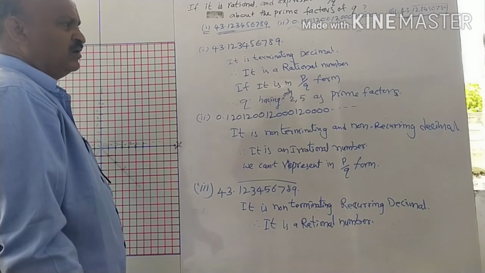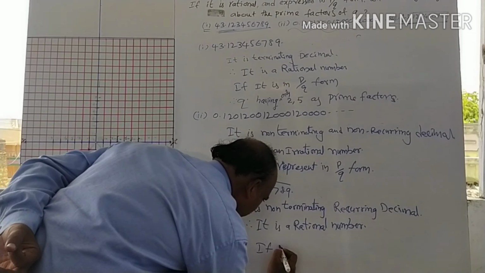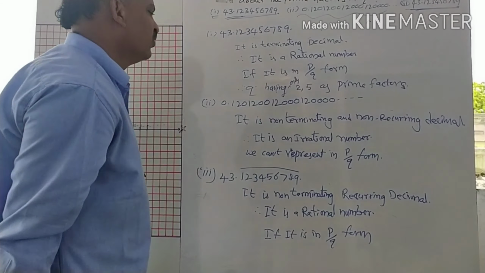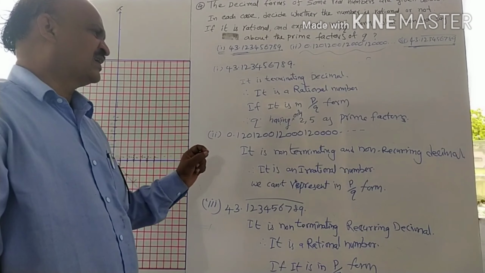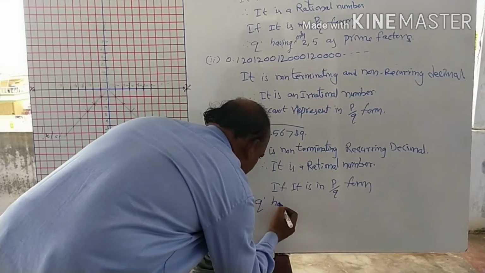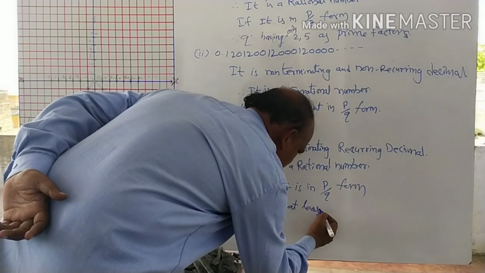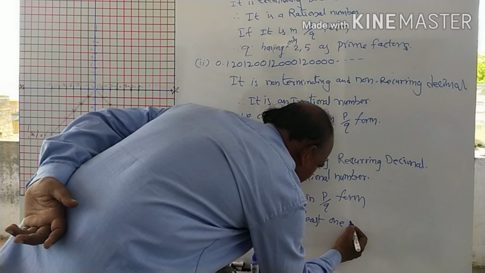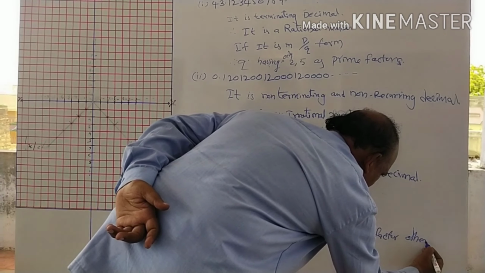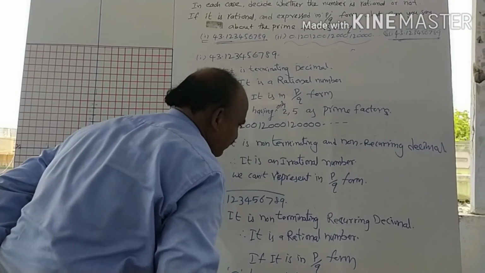So, we can write it in p by q form. If it is in p by q form, q has at least one prime factor other than 2 and 5. That is the problem.